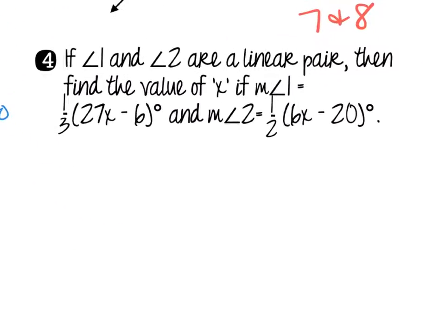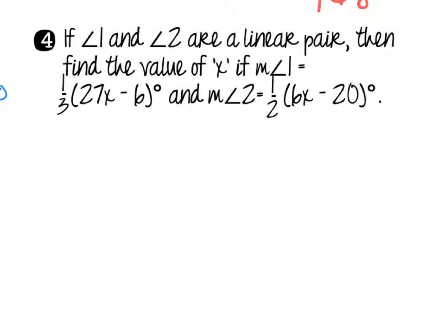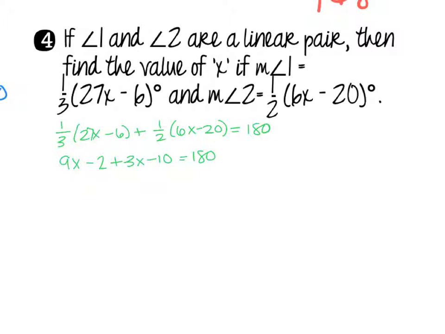And now we can look at number 4. So I've got 1/3 times 27x minus 6 plus 1/2 times 6x minus 20 equals 180 degrees. So that's 9x minus 2 plus 3x minus 10 equals 180.